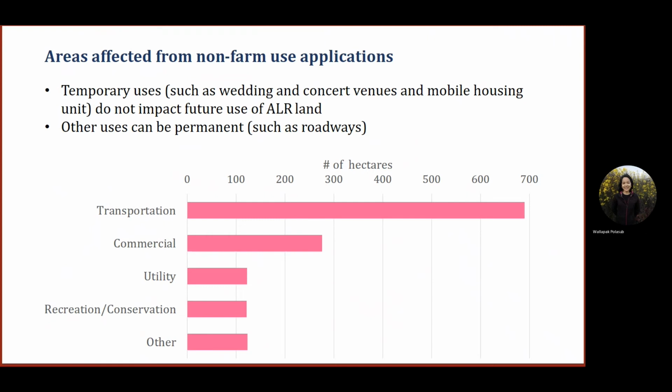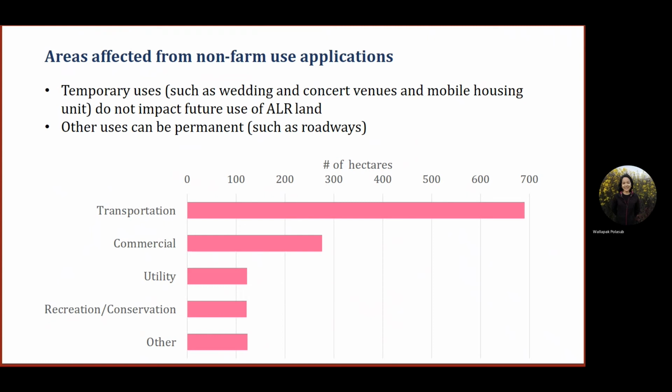These types are categorized as temporary use, and they do not really impact the future use of the land surface itself. However, other uses can be permanent, such as if we build roads, then we cover the area that could be farmed in the future. So these are more permanent.